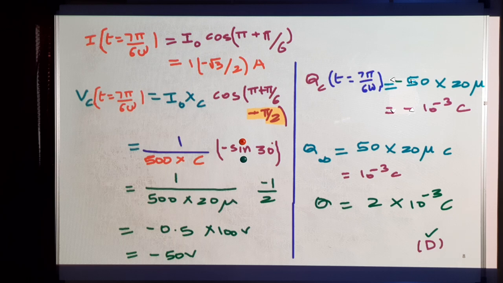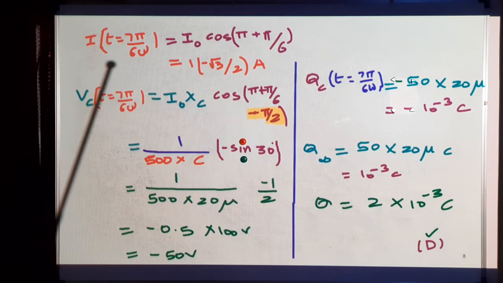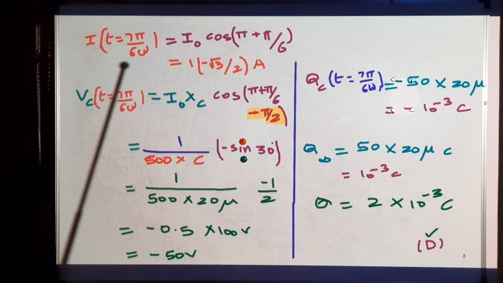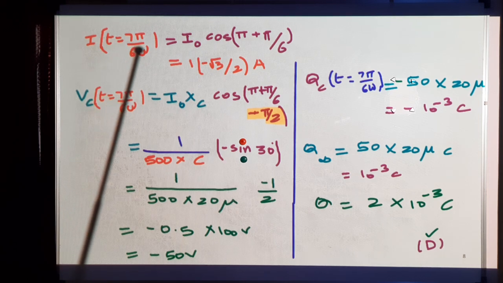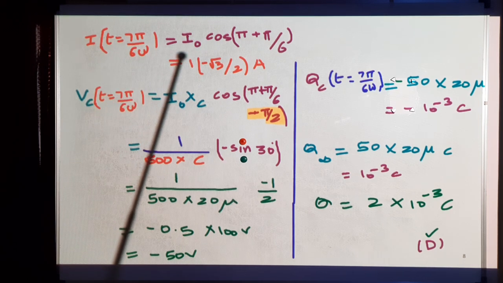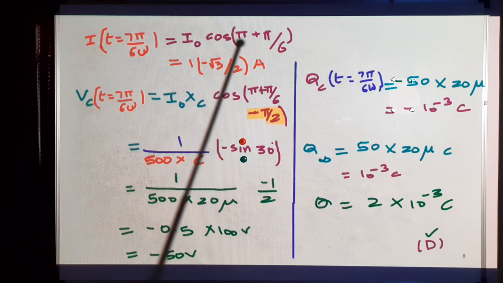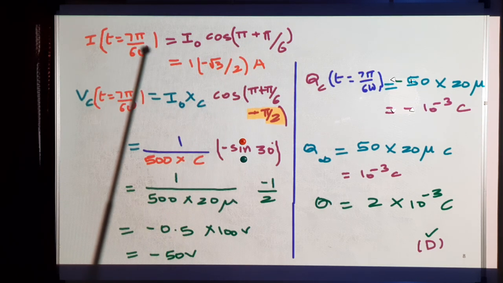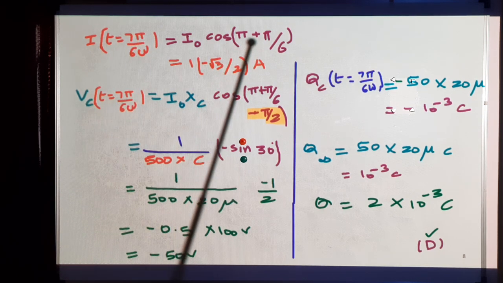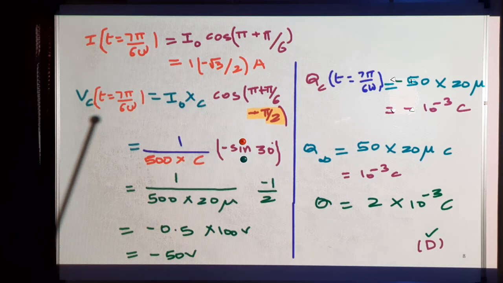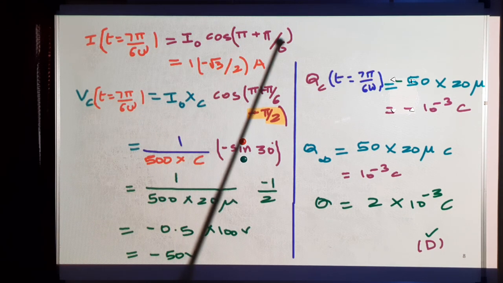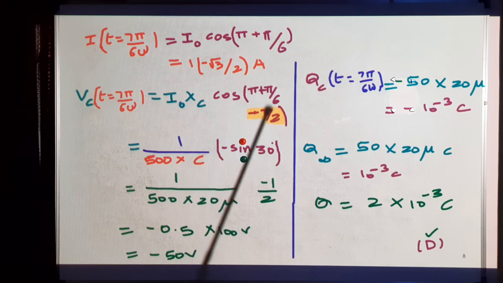This explains the time instant where the switch is thrown from one position to the other, that is time T equal to 7 pi by 6 omega. The current will be I0 cos omega t, with omega t becoming 7 pi by 6, which is the same as pi plus pi by 6. The voltage lags this current by pi by 2, so minus pi by 2 gives the capacitor voltage.